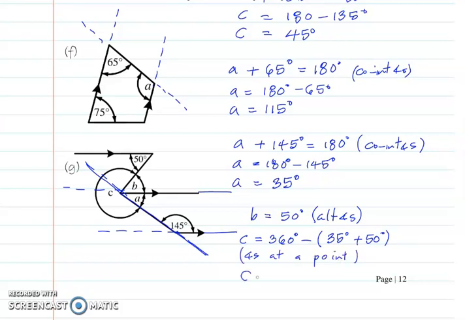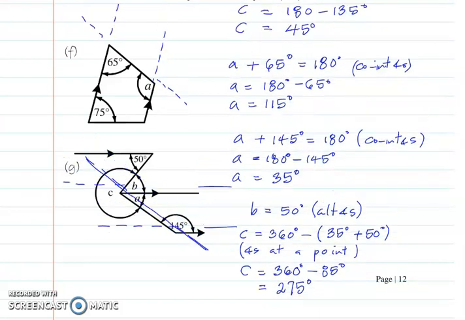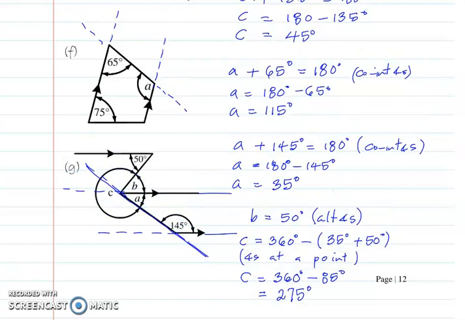So C would be equal to 360 minus 85 degrees. So C would be equal to 275 degrees. All right, so let's move on to the next two examples.